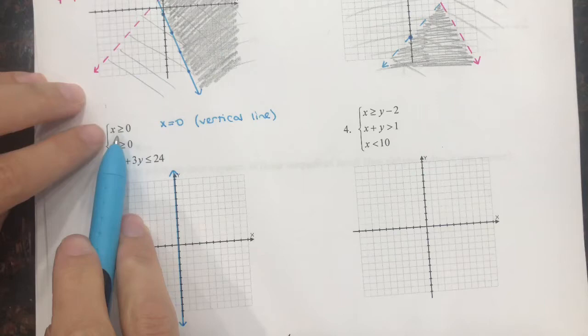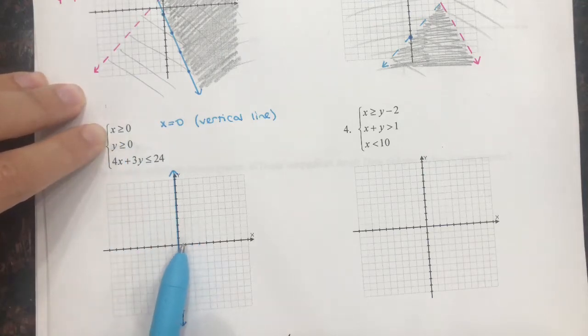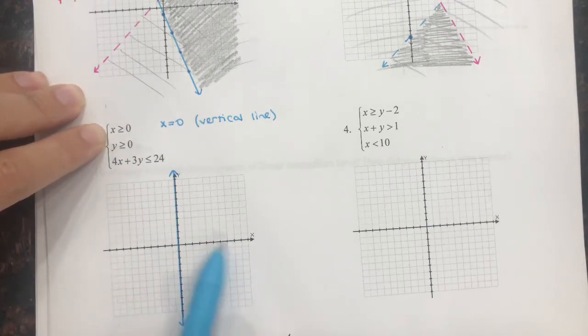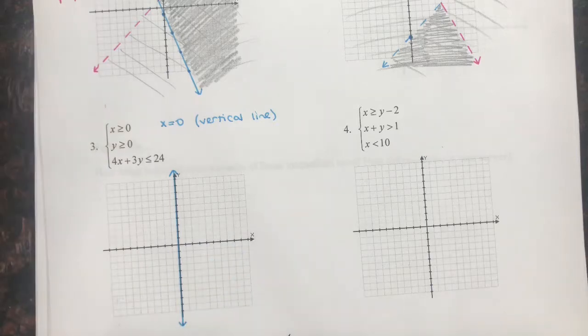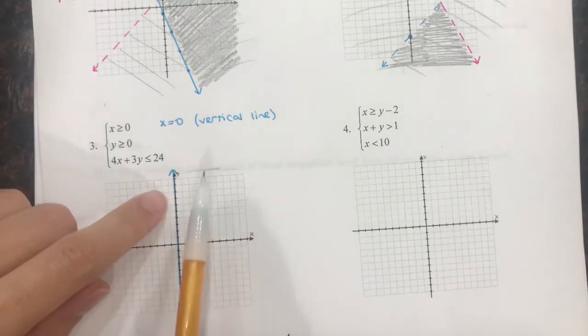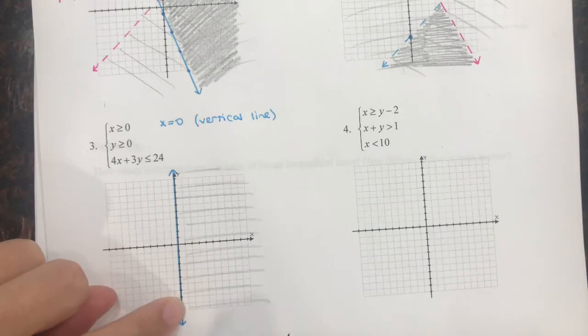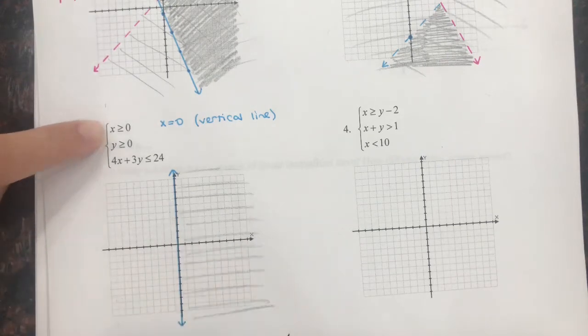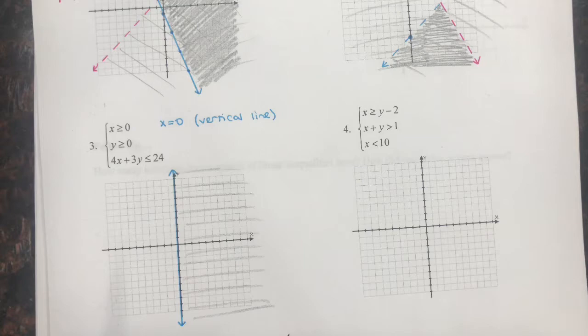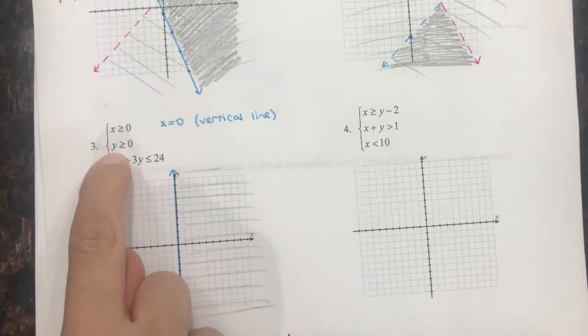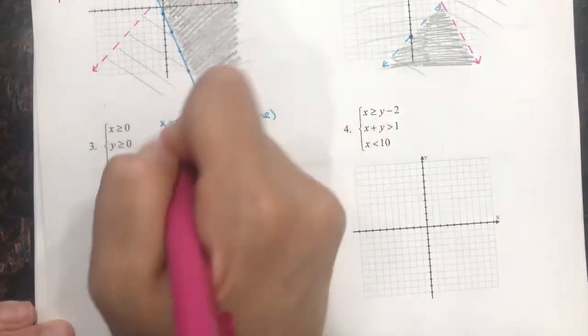Now, if x's are greater than 0, well, greater than means the numbers are bigger. So I know I'm shading to the right here. I don't even have to test a point. X values are greater than 0 to the right. Okay. Likewise, y is greater than 0.